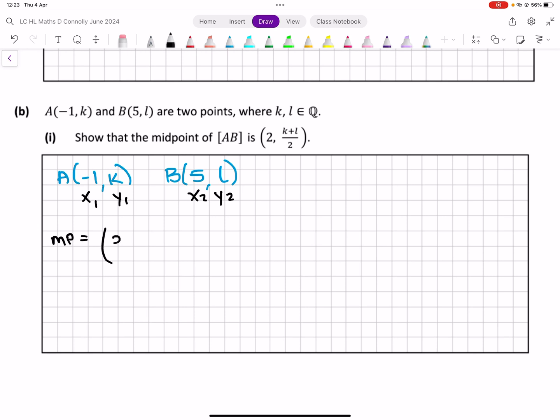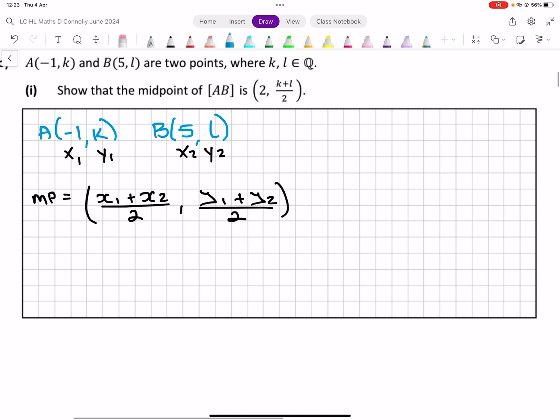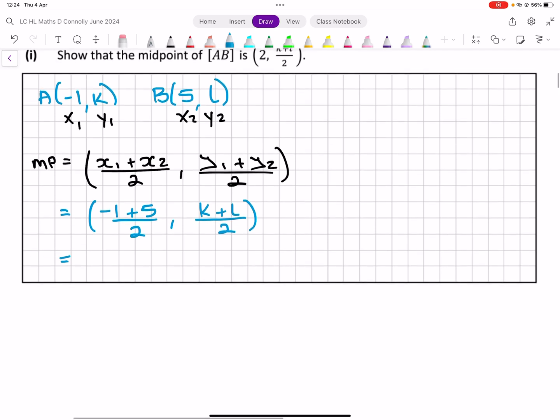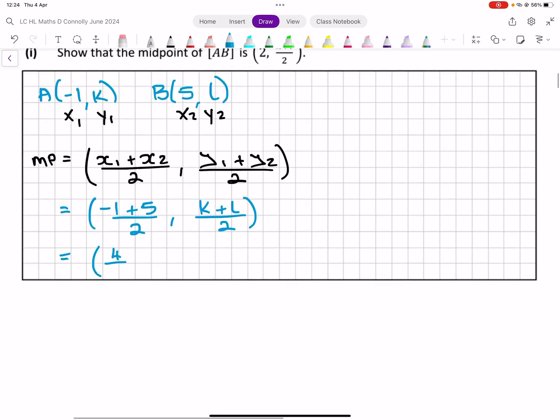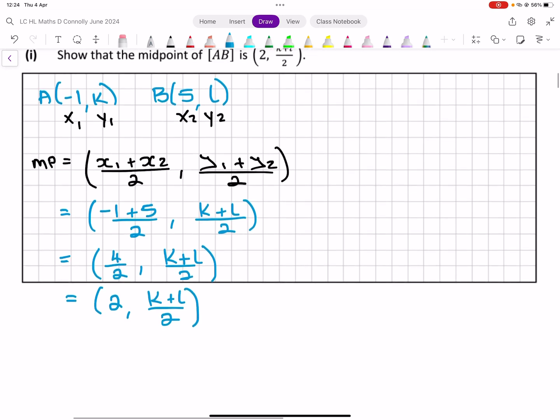Midpoint is x1 plus x2 over 2, y1 plus y2 over 2. So that is minus 1 plus 5 over 2 and K plus L over 2. Minus 1 plus 5 is 4 over 2, and K plus L over 2, which gives me 2, K plus L over 2. Yep, which is what I was supposed to get.